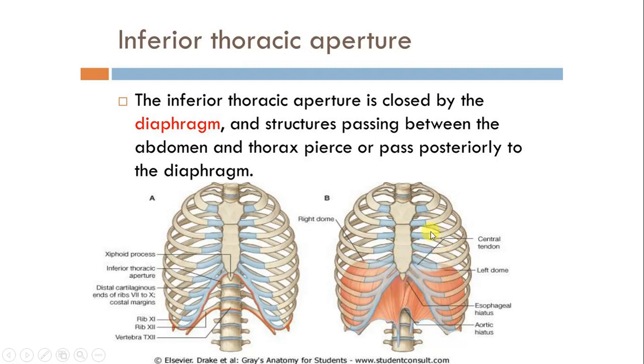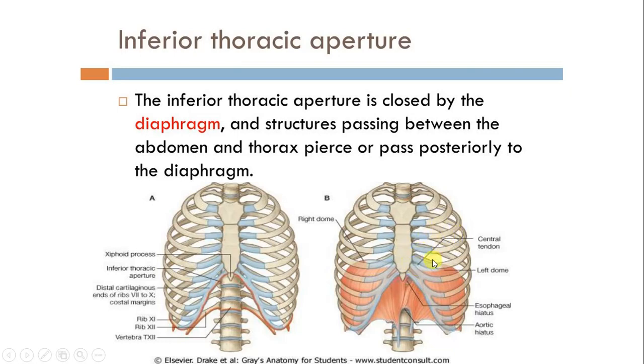That we will study when we study the diagram, the structures piercing the diaphragm and the levels at which they pierce the diaphragm. The esophagus will also pass from the thorax region to the abdomen to join the stomach, so there will be an aperture for that. We will see that.